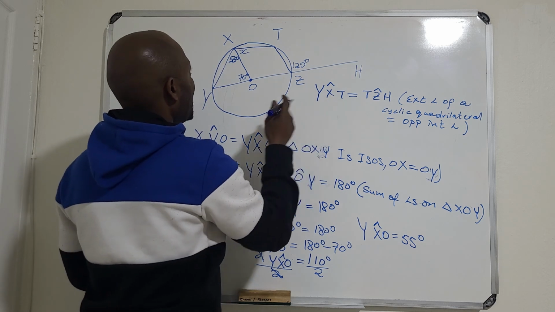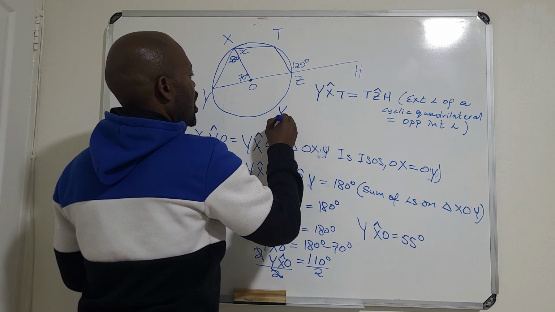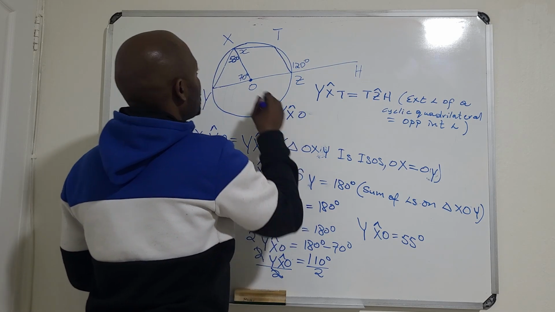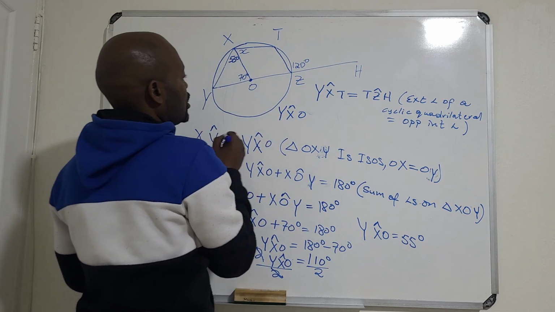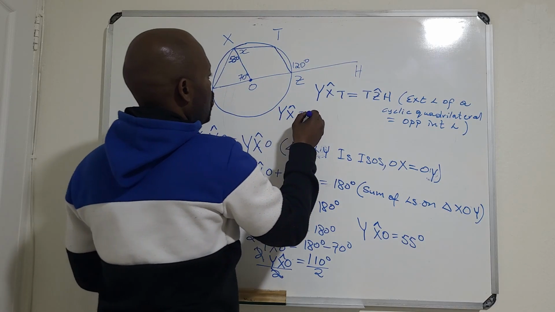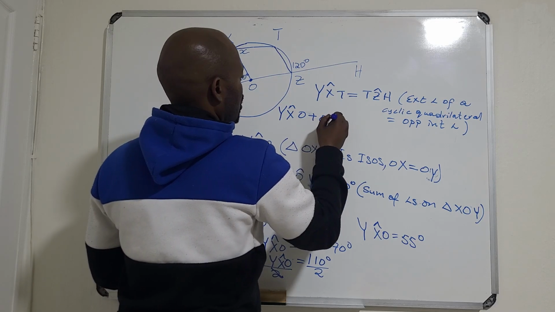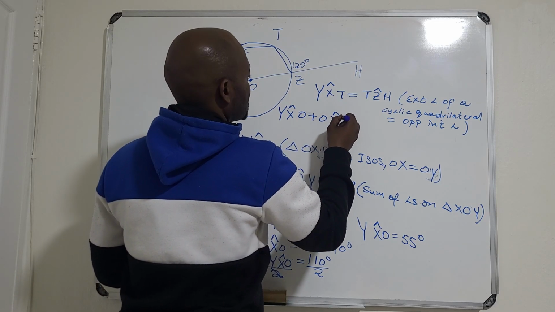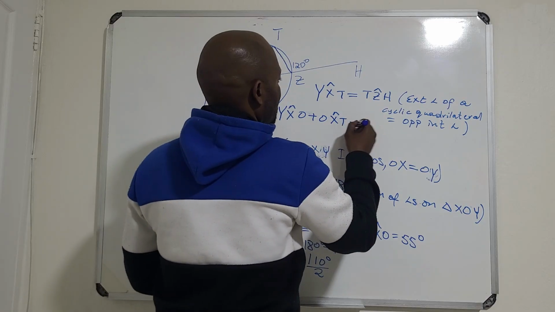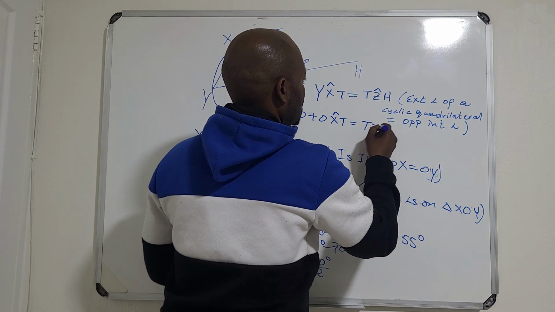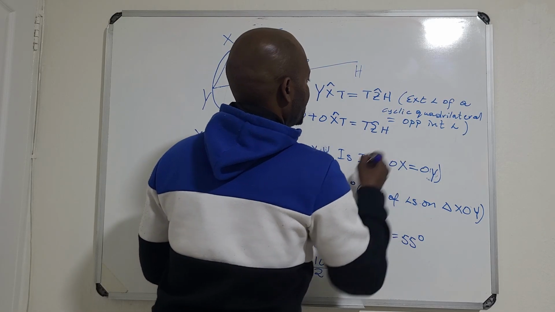Therefore, there I'm going to put angle YXO, because it's this angle. Angle YXO plus angle OXT is equal to angle TZH.